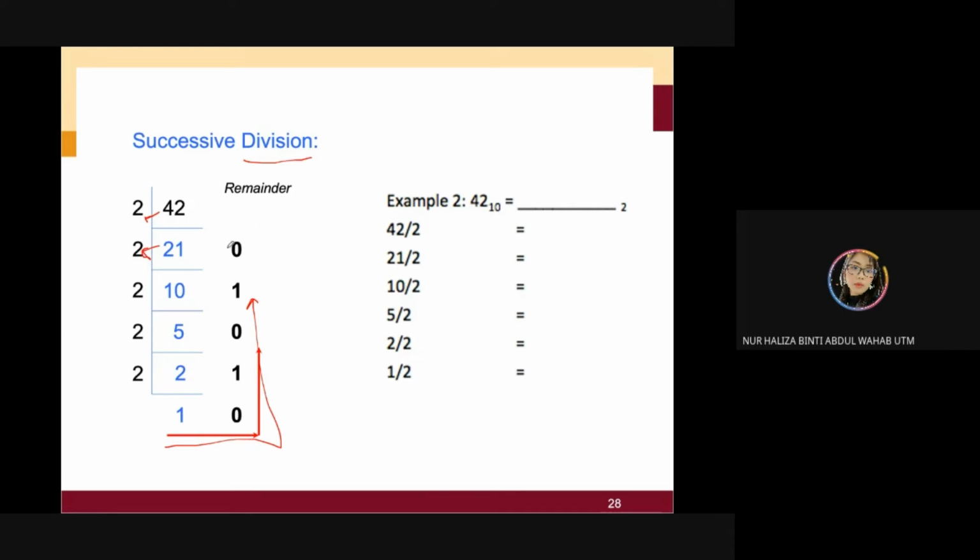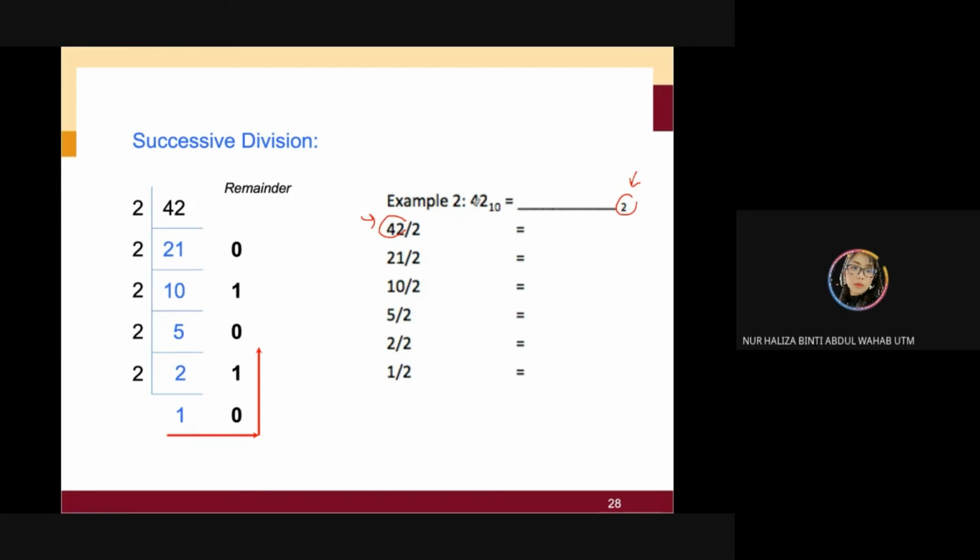So please play around, go and ask your friend, okay, give me any number, I want to convert to binary. Or maybe give me any number, I want to play around and convert with octal. If let's say I get the answer, maybe you can also do the similar and we compare the answer, who gets the correct one.